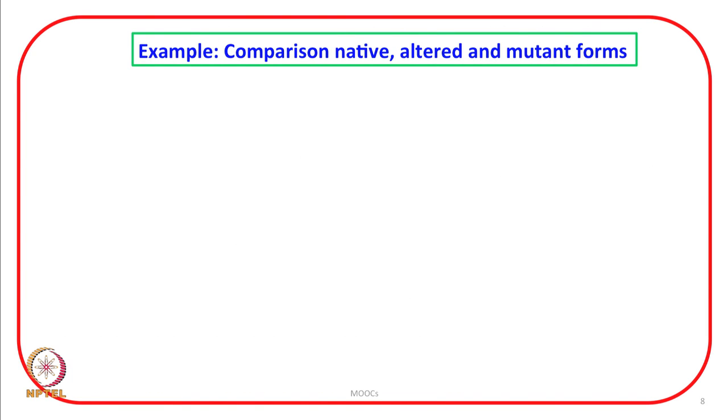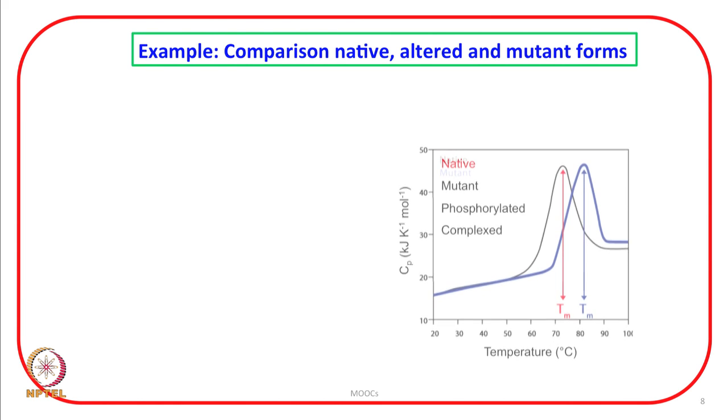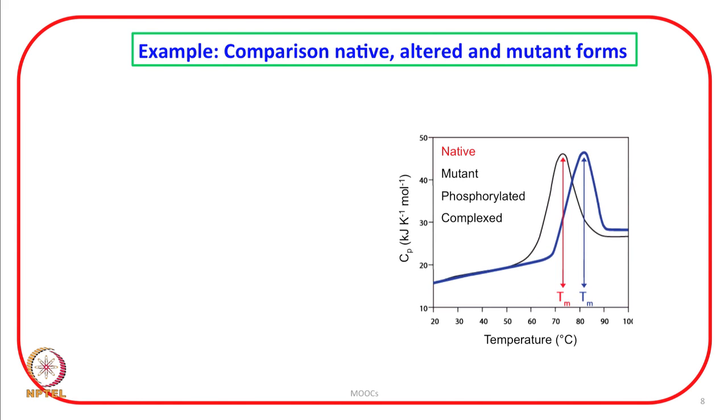Now, let us take an example, a comparison of native, altered and mutant forms. Differential scanning calorimetry is very important in giving information on how the conformation of a protein will be affected.